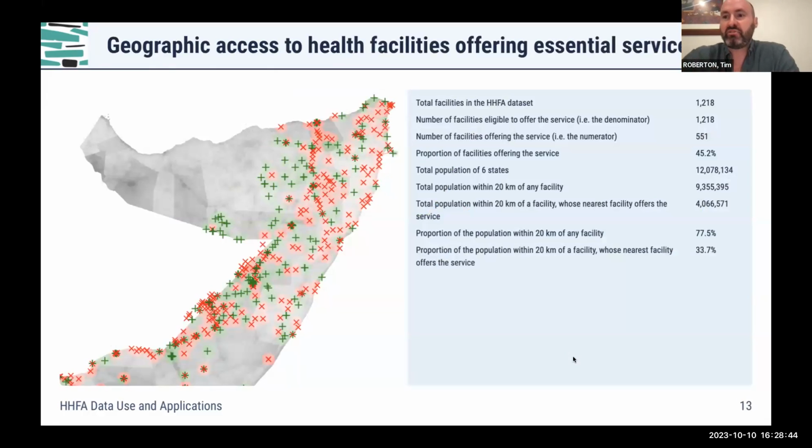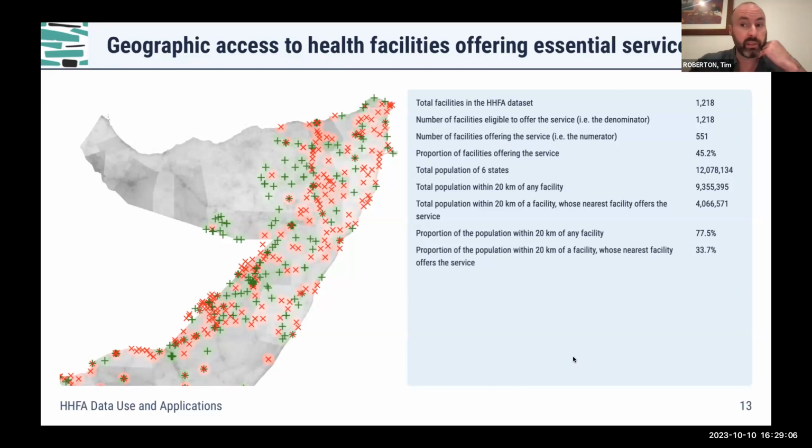So another really nice feature of having health facility data like this is that we can combine the health facility data with population density data to get estimates of the proportion of the population that is within geographical access to health facilities.